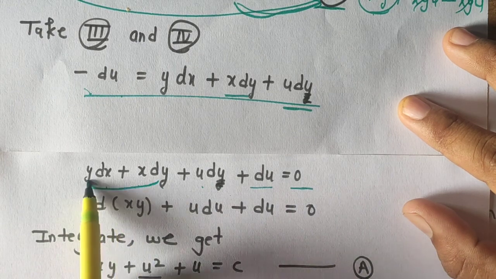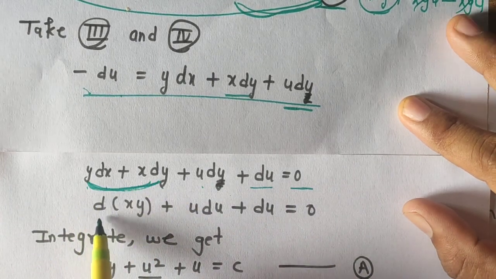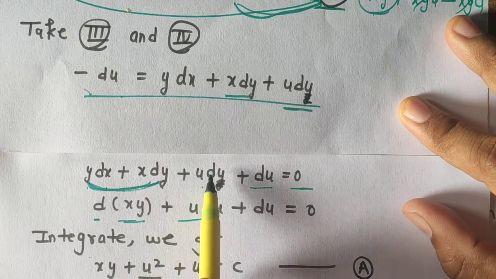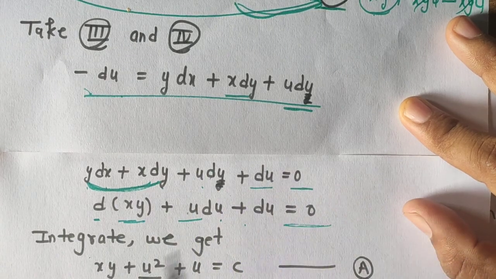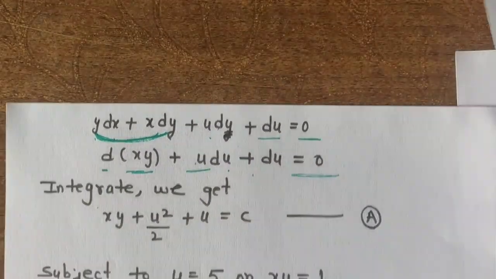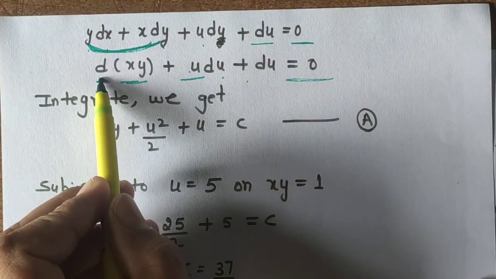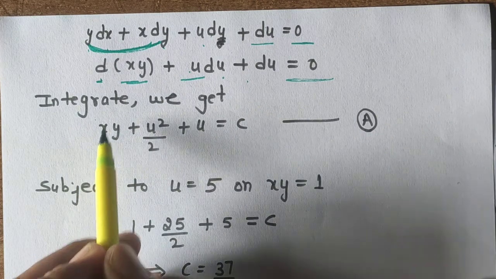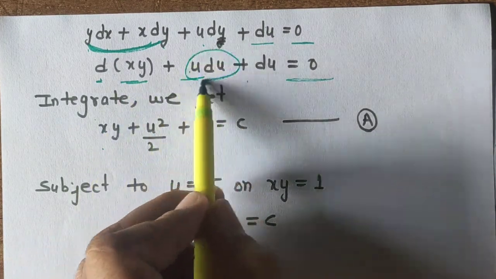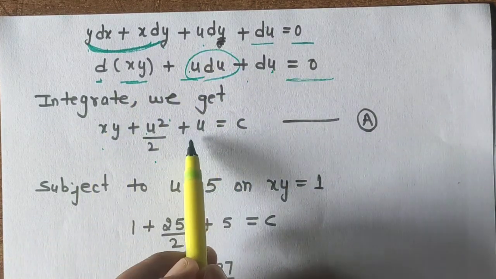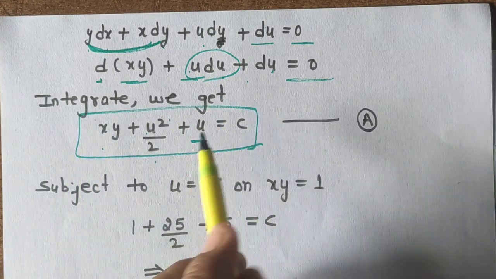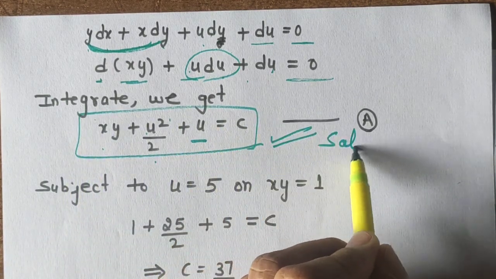If we combine the terms, this is the derivative of xy, plus u du plus du equal to 0. Then integrate the equation. The differentiation is cancelled, this becomes xy plus the integration of u du is u squared by 2, and the integration of du is u, equal to c. This is the solution.